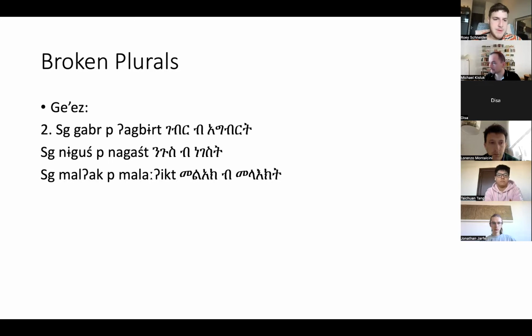So gabr, akbir, I think this means worker or something like that. Nagus, nagas, kings. Sorry about the wrong spelling of the word nagus here. And malak, mala'ik, angels. This is, of course, cognate or maybe even the source word for malak, mala'ika in Arabic.